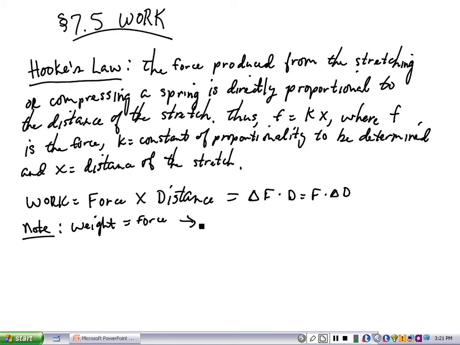So if that's the case, then this weight is calculated by the volume times the weight density of the liquid.